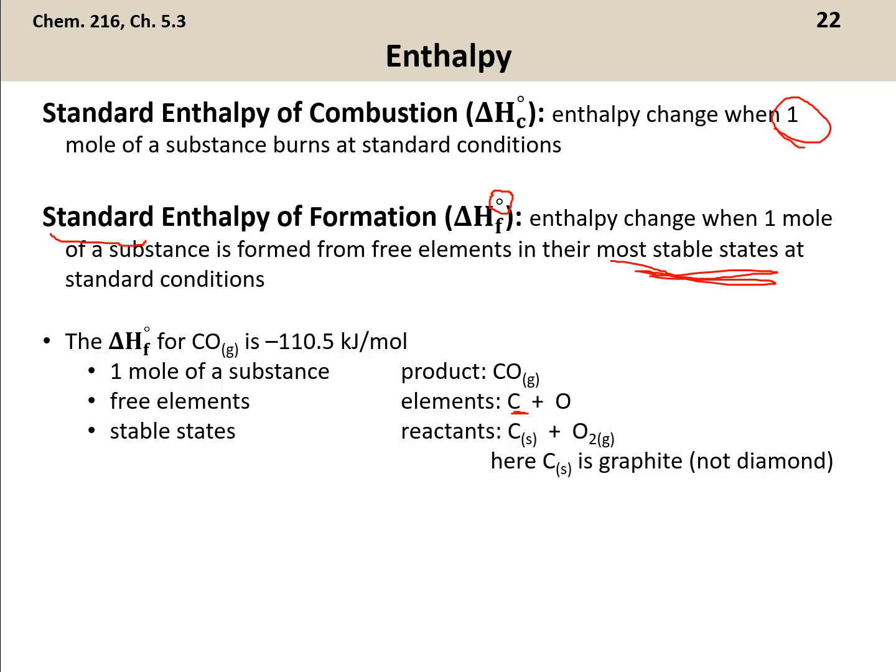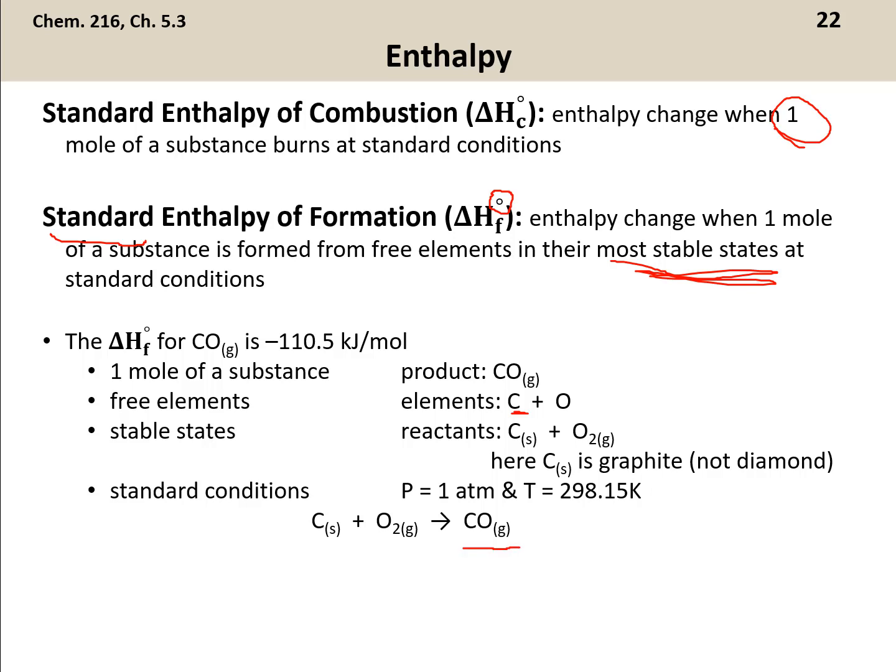And oxygen, in its most stable state, is O2, gas. And so these are under standard conditions, 1 atmosphere at 298.15 Kelvin. So it's making CO from carbon and oxygen in their most stable state, which are carbon solid and O2 gas.